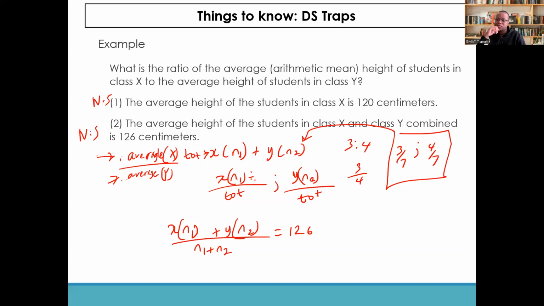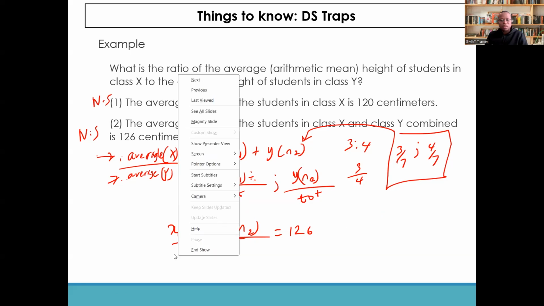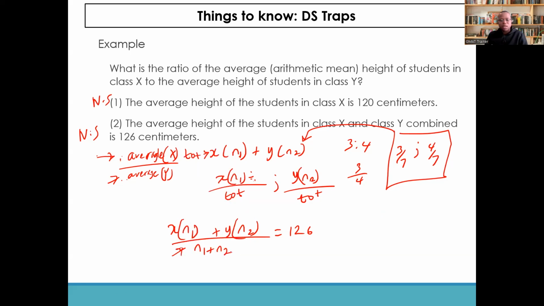Can we get that? Given this information, are we able to get the average height of both? Because for us to do that, we need to know what N1 is and what N2 is. If we have those, then we can calculate the average height for the other one as well, for Y. For X we have the average, yes, but for Y we don't.